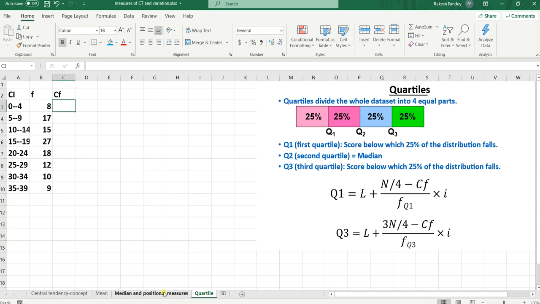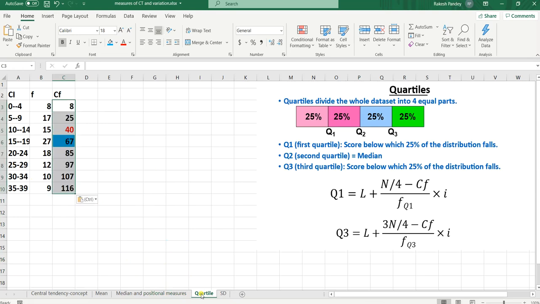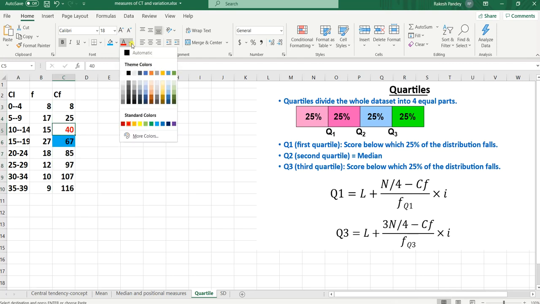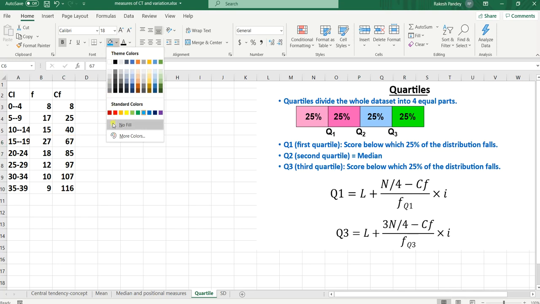Oh, I have made some error. I think I have not copied it. Okay. So come to this quartile sheet, paste it. Make this color automatic. Remove the fill so it will not create any confusion.